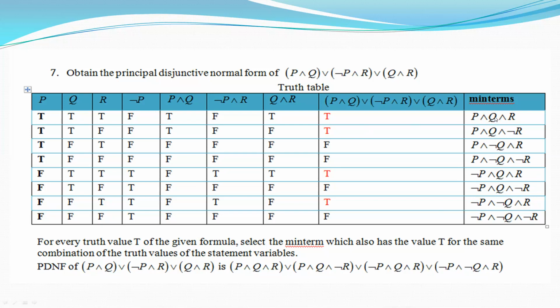That is P and Q and R. Next, P and Q and negation R. Next, the truth value contains this R: negation P and Q and R, and this is negation P and negation Q and R. So PDNF says disjunction of min terms. Disjunction of min terms.